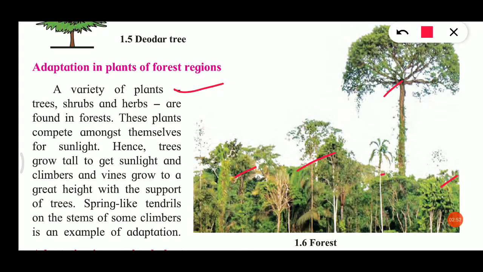And climbers and vines grow to a great height with the support of trees. Because of taller trees, climbers and vines also go up with their help. Spring-like tendrils on the stem of some climbers are an example of adaptation. So tendrils are the example given here of a climber adapting in the forest region.